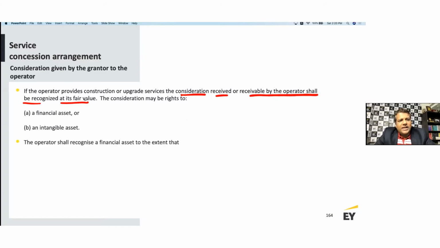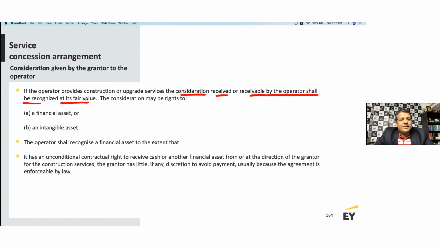The operator shall recognize a financial asset, okay, a receivable, to the extent that it has an unconditional contractual right to receive cash or another financial asset from or at the direction of the grantor for the construction services.